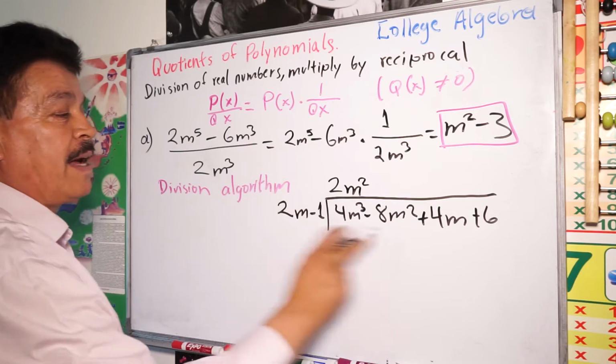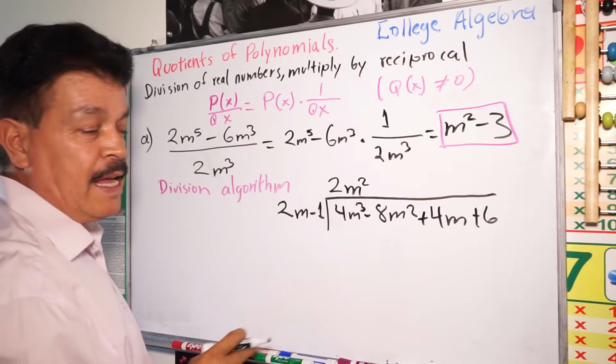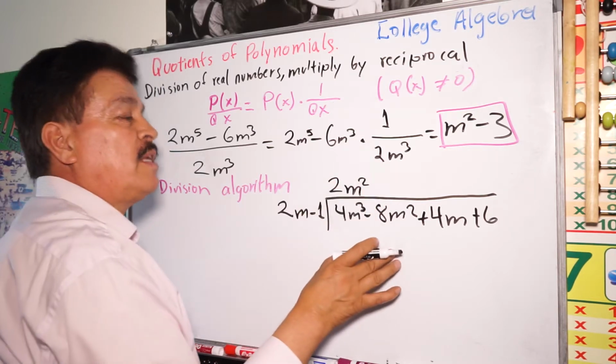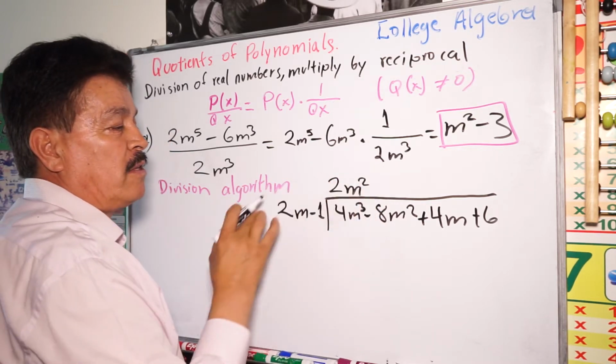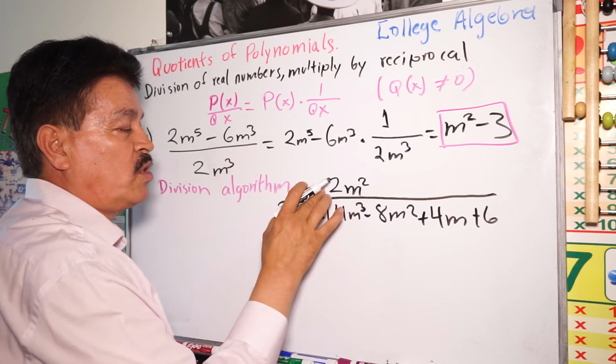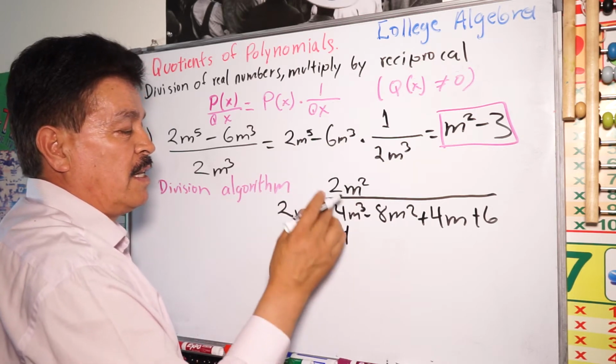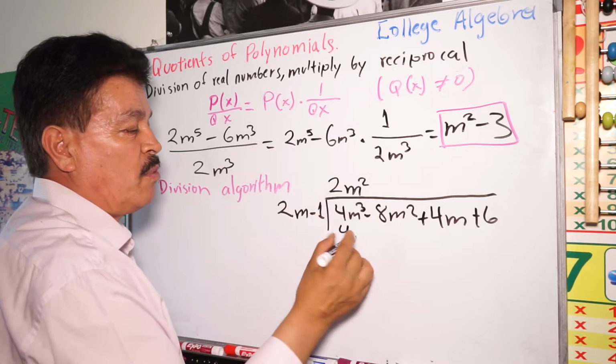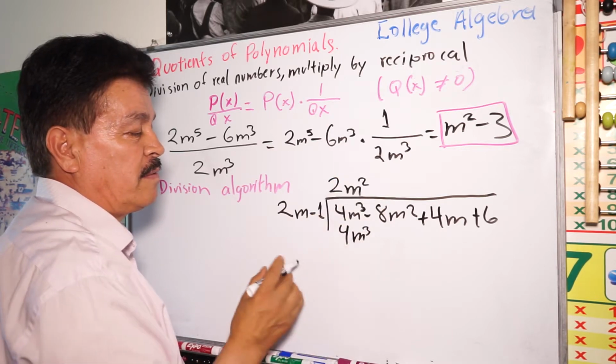And then let's multiply. The number must be written with the opposite sign. 2 times 2 is 4, and m times m to the second power is m to the third power.